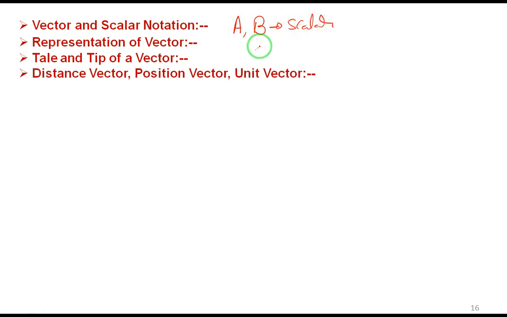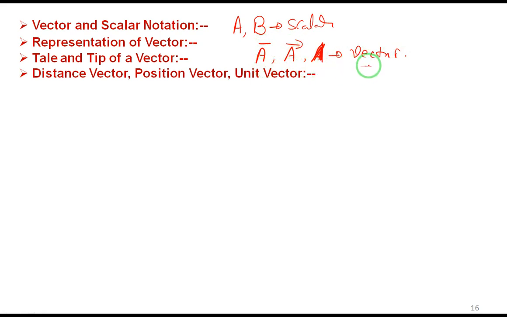If I want to represent a quantity as a vector, let me use the letter vector A, and I can put a bar over it, or else I can take the letter A and put an arrow mark over it. And in textbooks, instead of writing vector A, some people will write it in bold, which means it represents vector A. So vectors can be represented with a bar over the letter, or an arrow mark over it.